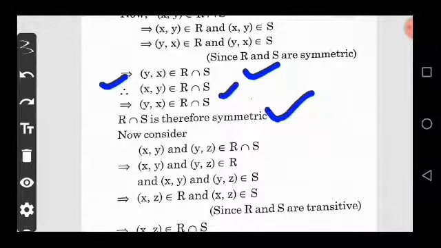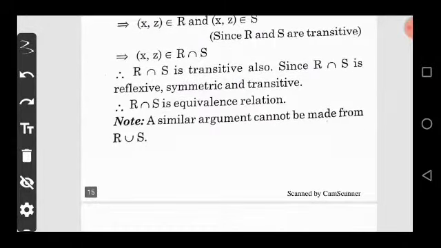Now consider the transitive property. If (x, y) and (y, z) belong to R intersection S, then (x, z) also belongs to R and (x, z) also belongs to S, so it follows the transitive property.